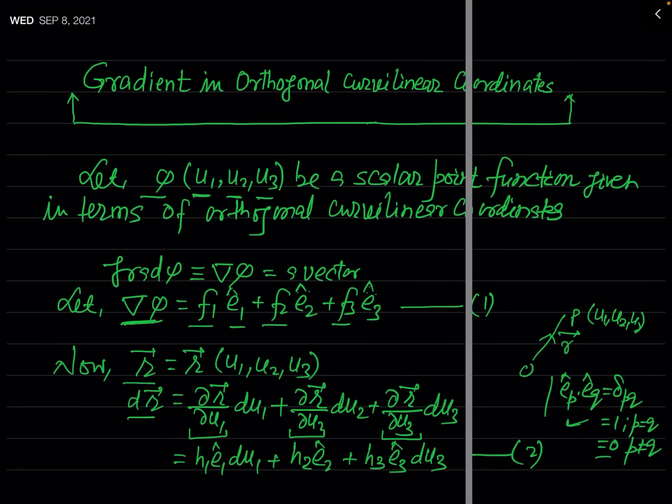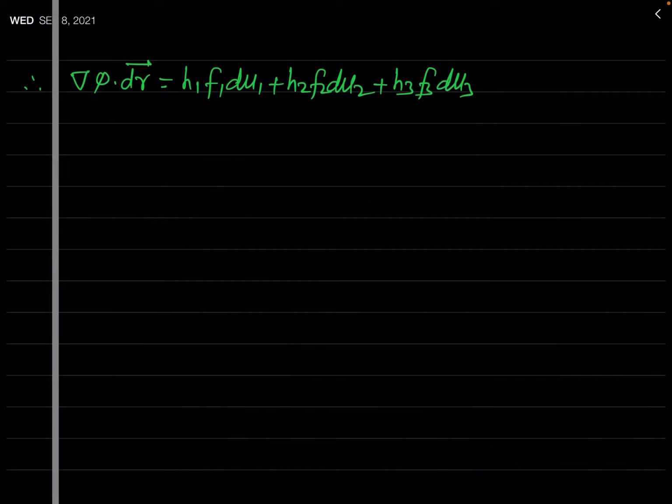You can easily see it. When you take the scalar product of f1 e1 hat with h1 e1 hat du1, then e1 hat dot e1 hat will be 1, and all other terms when you take the scalar product with f1 e1 hat will be 0. So your result is like this.